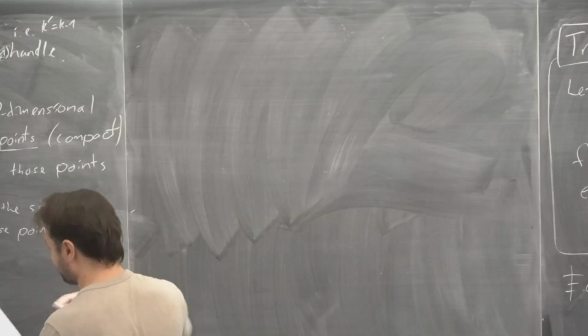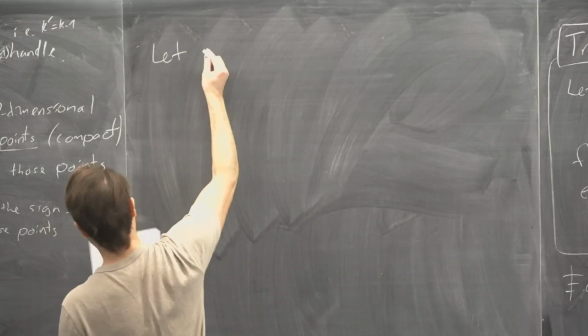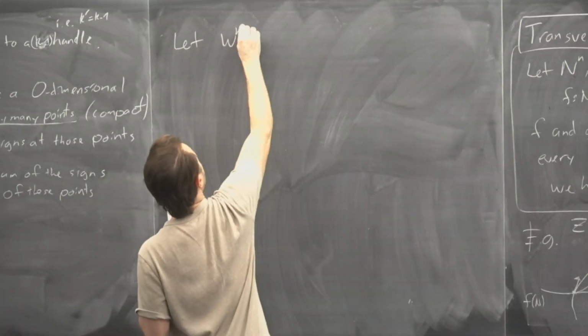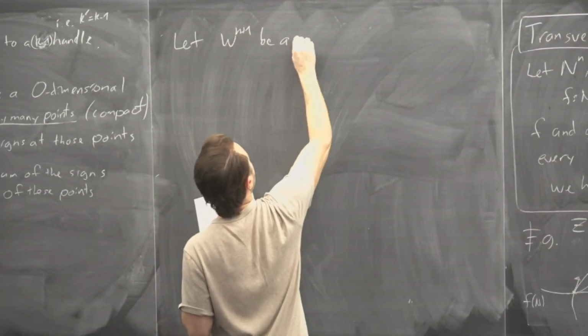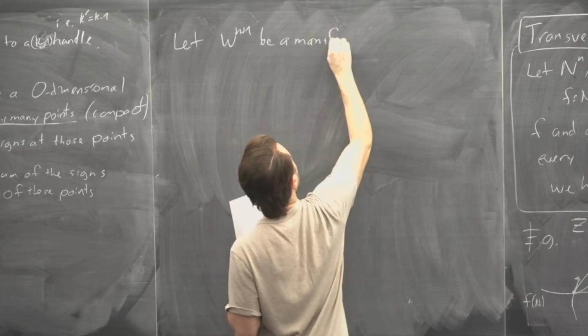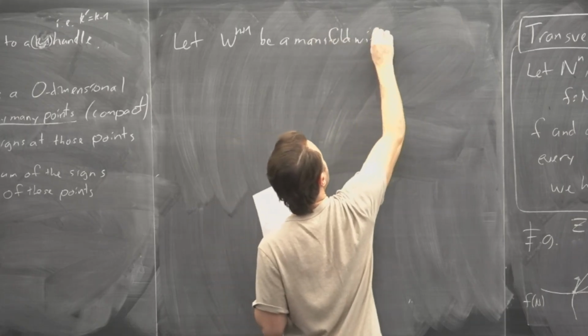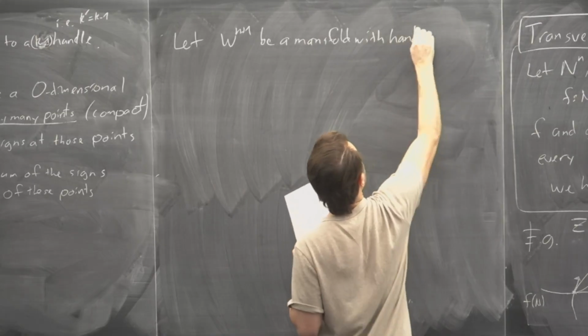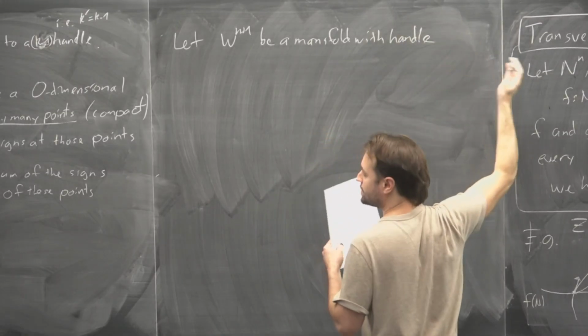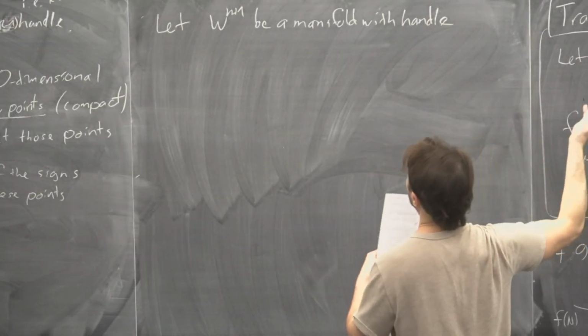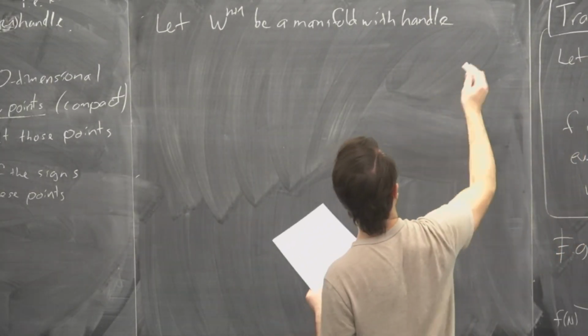So now that we have this, let's actually define this chain group. So let W be a manifold with a handle decomposition. And again, we don't actually know that we can do that yet, but I'm assuring you by an independent amount of work later, Morse theory, we can always get a handle decomposition.